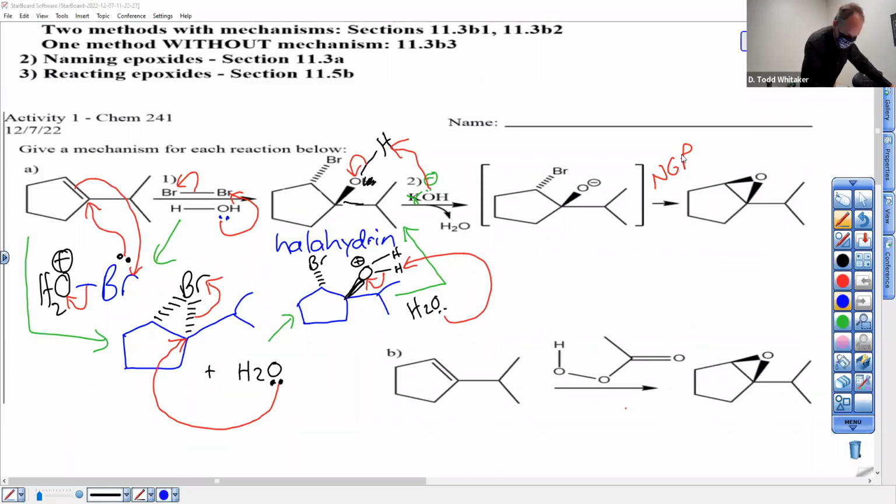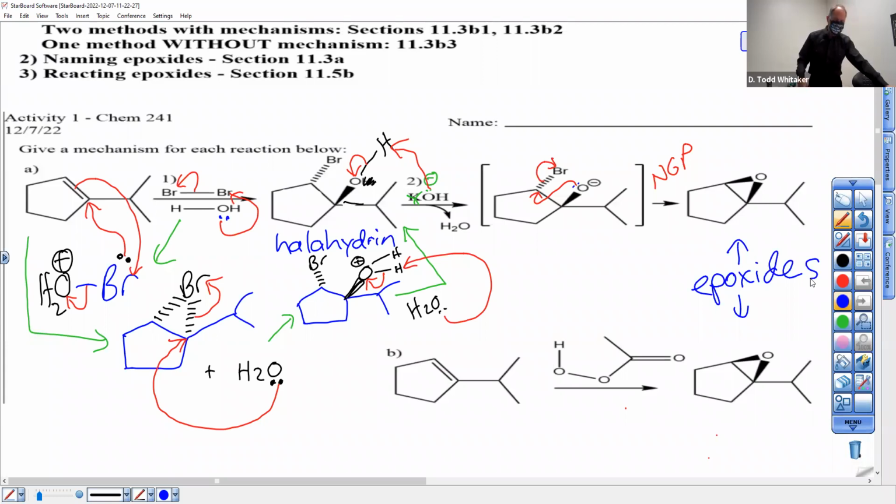Arrows are SN2 arrows, although you couldn't call this an SN2. There's only one molecule, right? But that is a backside attack. In your mind, you call it SN2. Backside of a dash is a wedge. Hey, the new bond's a wedge. Right? No. You made an epoxide. These are both the same epoxide.